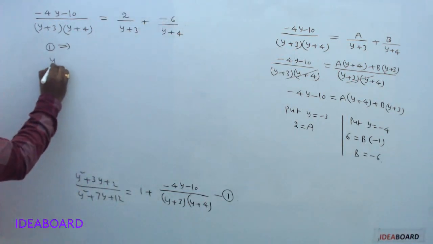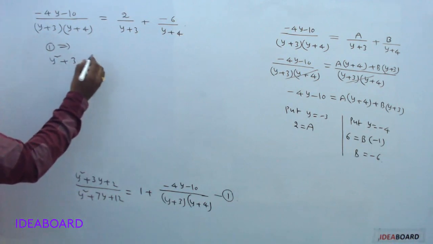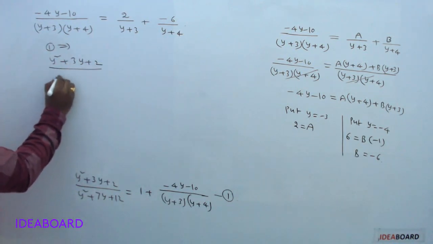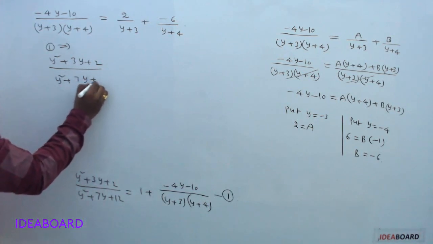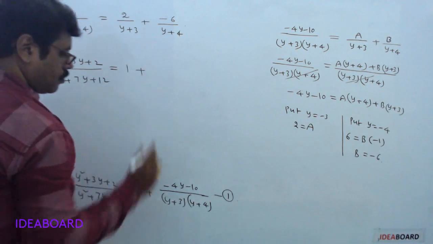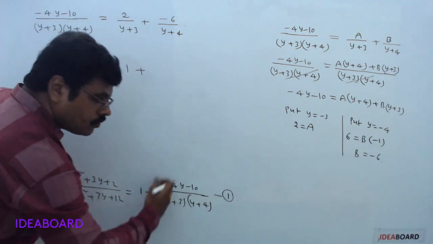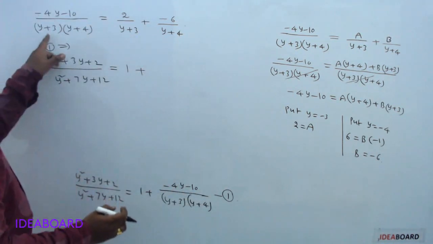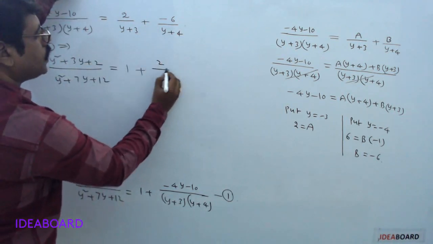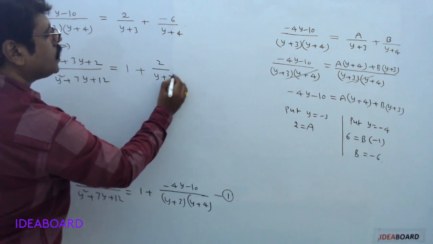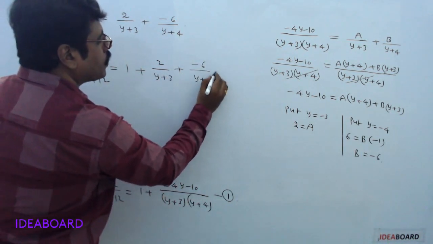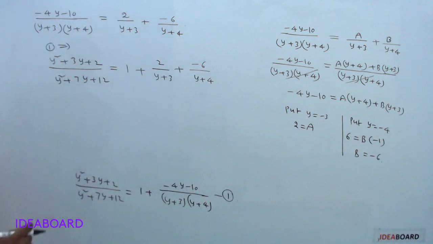So it is y square plus 3y plus 2 divided by y square plus 7y plus 12 equal to 1 plus, in place of this rational fraction, you can substitute this value. This is 2 divided by (y plus 3) plus minus 6 divided by (y plus 4).